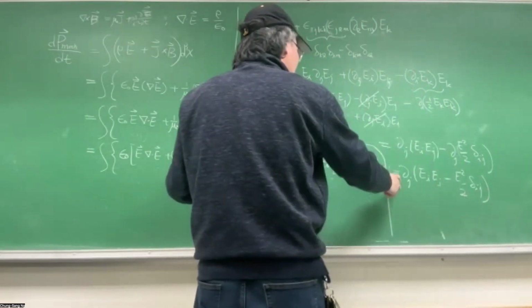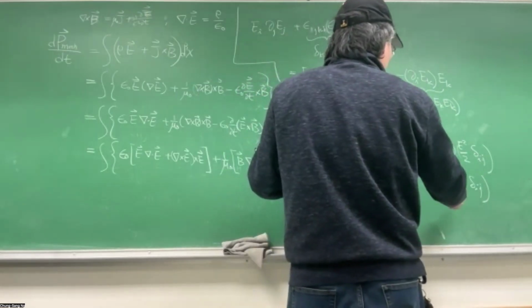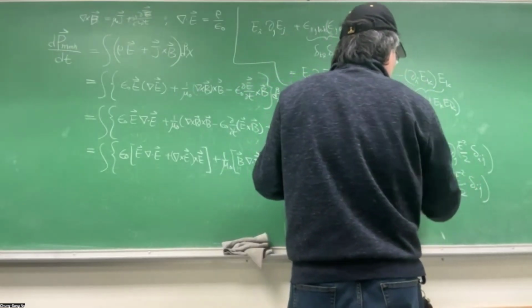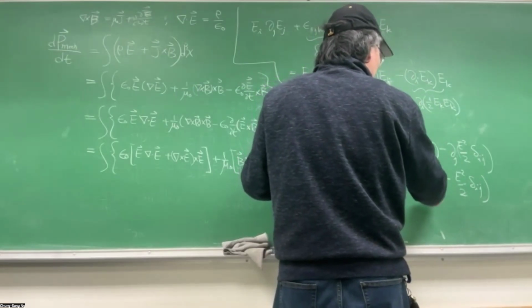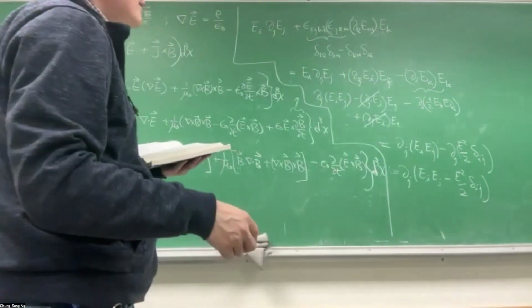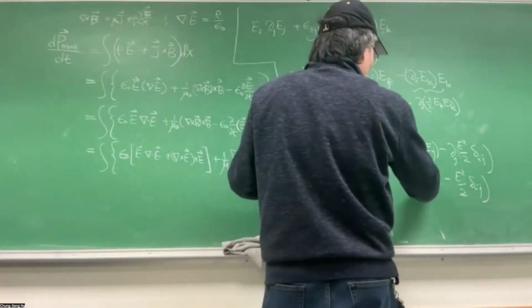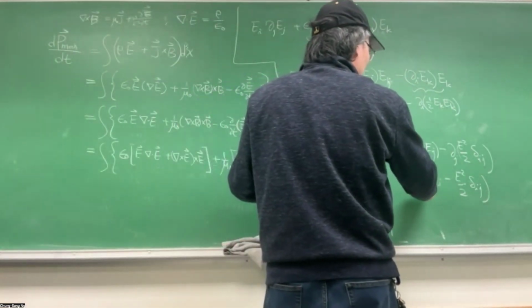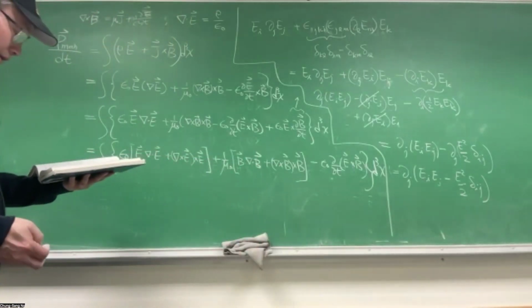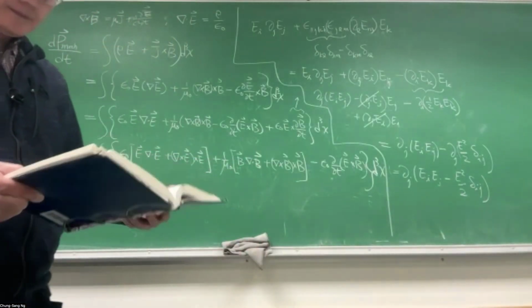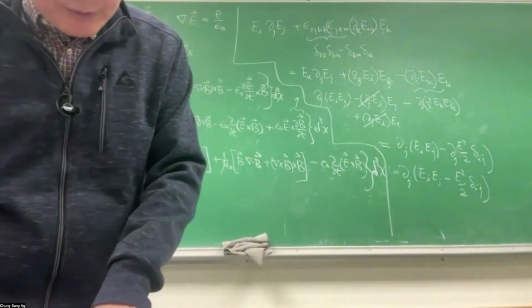Now this becomes a derivative of a tensor, right? So partial j of this second rank tensor, this is E_i E_j, and this is a delta_ij. That is part of it.